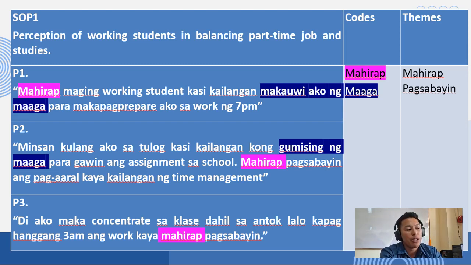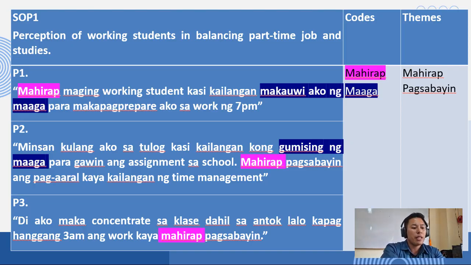And so, for SOP number 1, perception of working students is mahirap pagsabayin ang pag-aaral at academics, kasi yan, pwede mo nang ilagay doon sa interpretation mo yon. So again, dapat meron tayong codes, and through these codes bubuo naman tayo ng themes. Paano bumuo ng themes? Pagsasamahin natin yung mga codes, dahil itong mga codes na to, they now represent the totality of the responses of our participants for specific SOP.